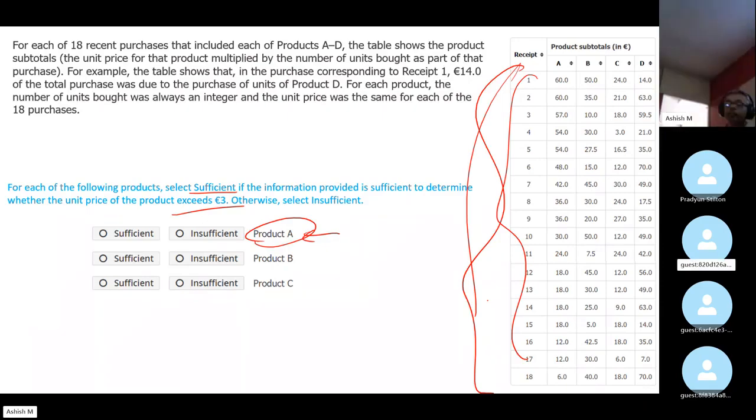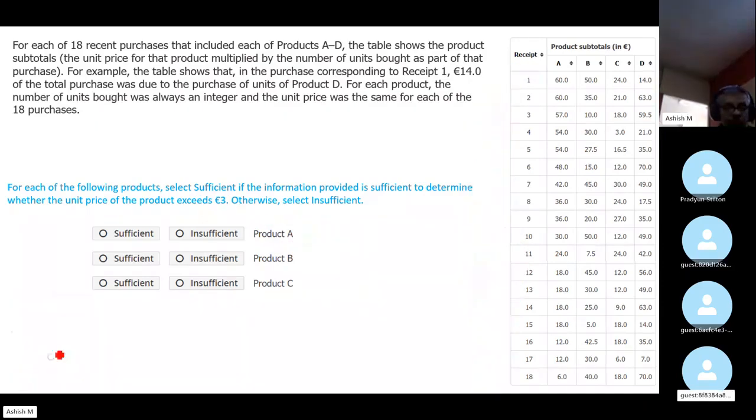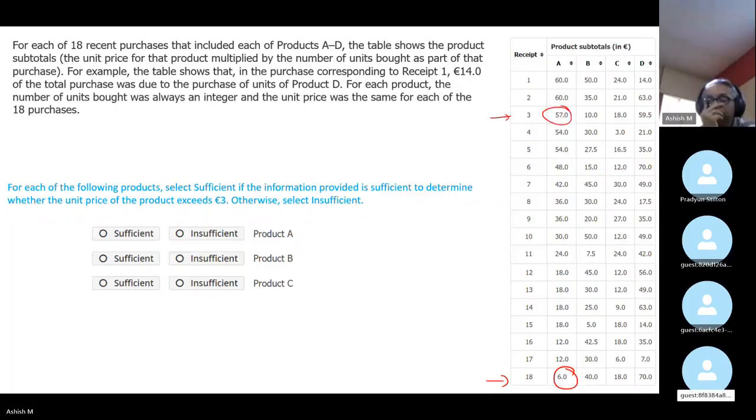Sorry, what do you guys think? Yes, Divya, go ahead. We can calculate the value of the unit price. If we see in row number 18, it is 6. And when we see row number 3, that is 57. So we can clearly see that 57 is not a multiple of 6.